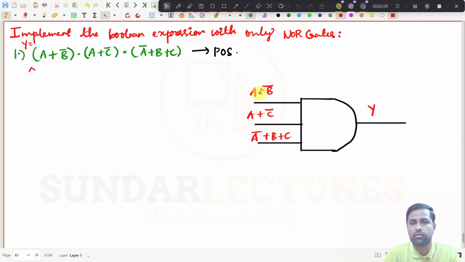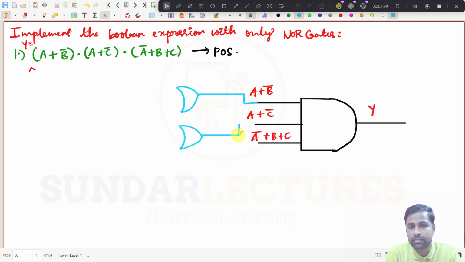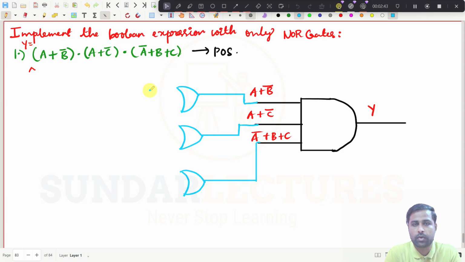To implement this, I need to put OR gates. I put an OR gate here, another OR gate, and another OR gate, and connect them to the AND gate.